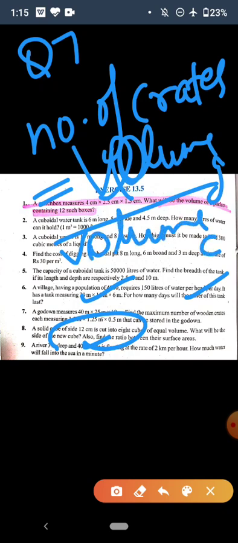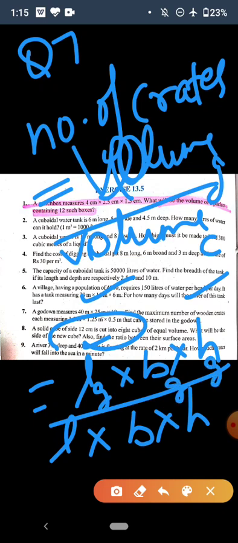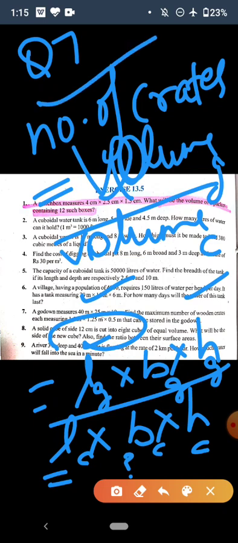Volume of godown upon volume of crate. L into B into H, L into B into H. So firstly calculate the volume of godown, then volume of crate. You solve it and you will get the answer for how many crates can be put in the godown. So apply this formula for number of crates: volume of godown upon volume of crate.